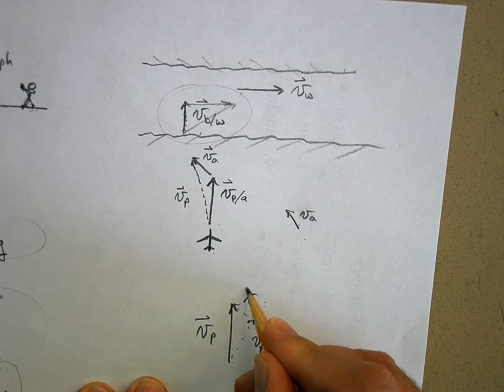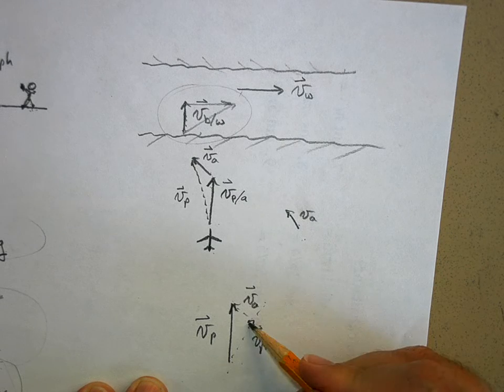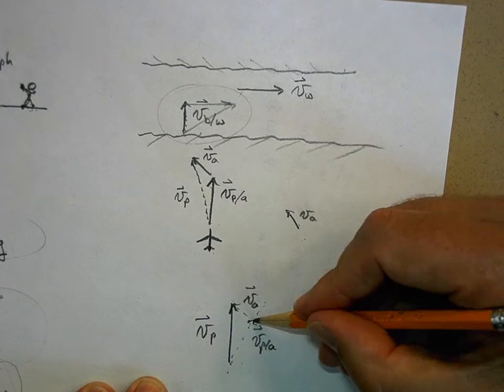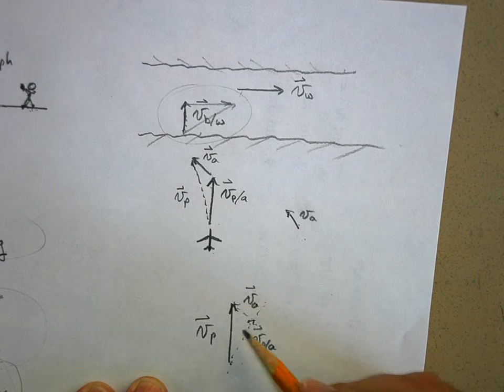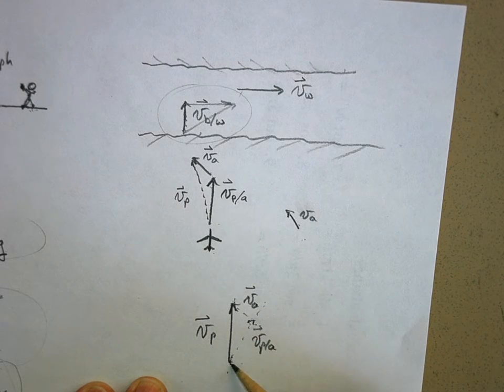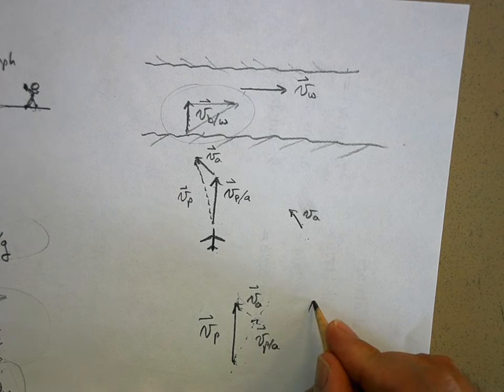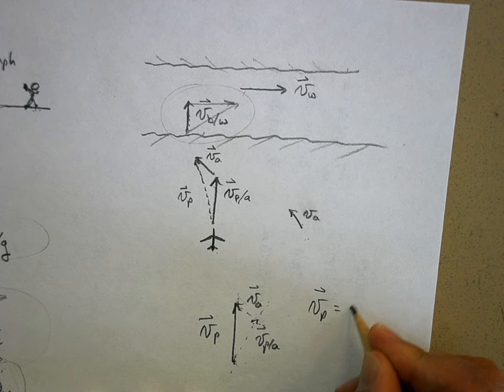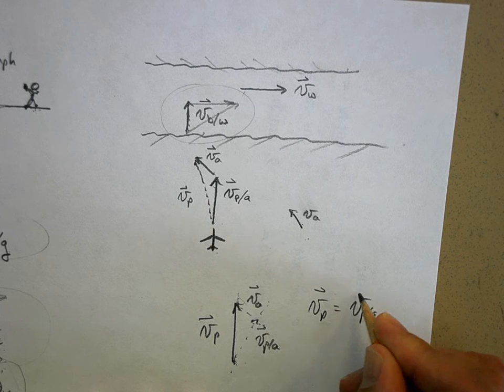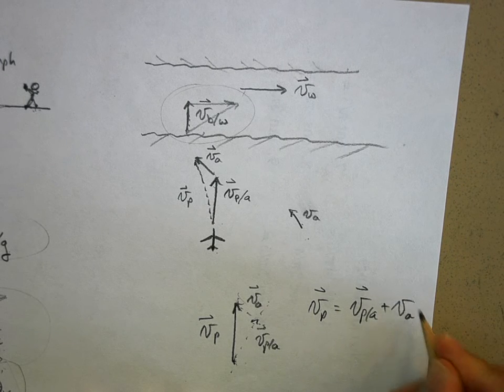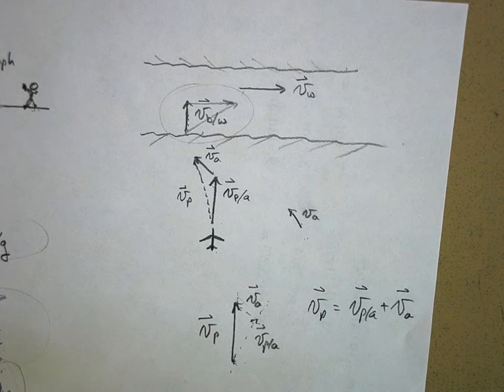You have to construct this vector, the velocity of the plane with respect to the air, which plus the velocity of the air will get you this. But sometimes they give you this, and you have to figure out how to draw this triangle. And I'm telling you, if you can draw the triangle correctly and then apply vector mathematics, you'll say, okay, velocity of the plane equals velocity of the plane compared to the air plus the velocity of the air. You've got it. You can solve the problem.